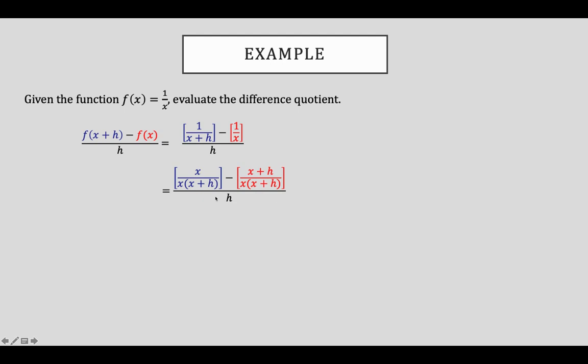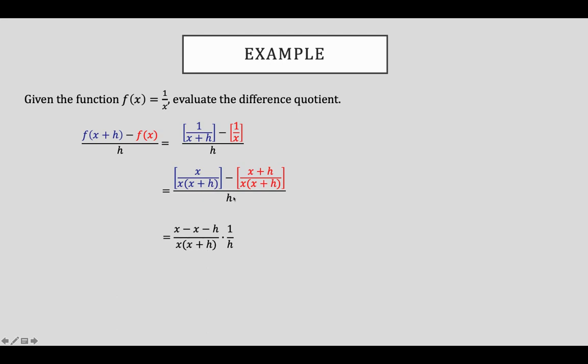Now, we have a common denominator here, which means to subtract the two fractions, all we have to do is subtract the numerators. Notice that gives me x minus x minus h, that's distributing the negative to each one of those terms, divided by my common denominator, x times x plus h.